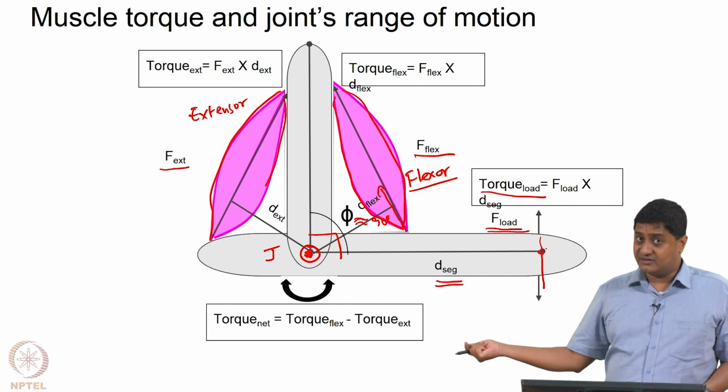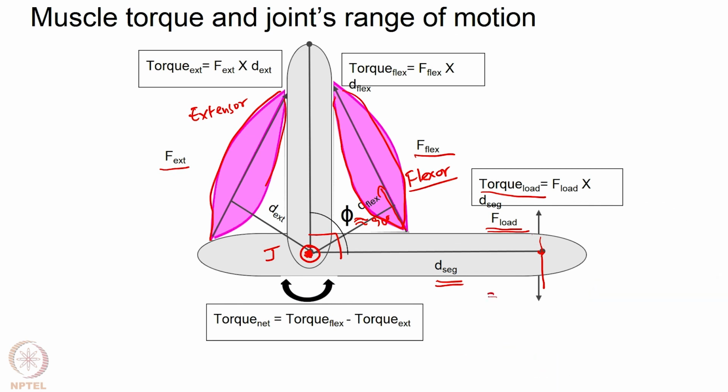In the case of the forearm that we just now discussed, this d seg is about 25 or even 30 centimeters.